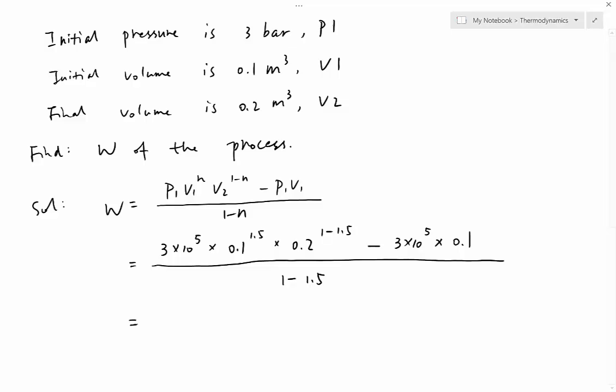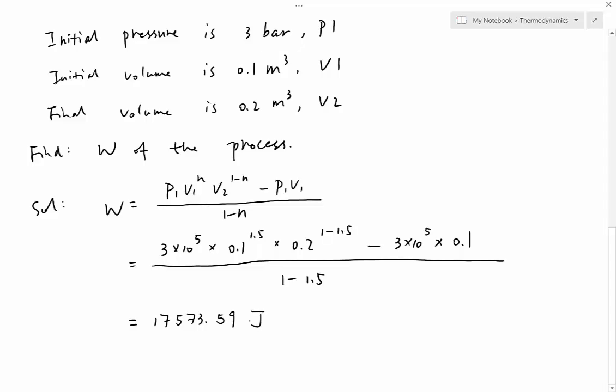Your solution will be 17,573.59. And what is the unit to my solution? If you use SI unit for every parameter in your calculation, your solution will also have SI unit. What is the SI unit for work?